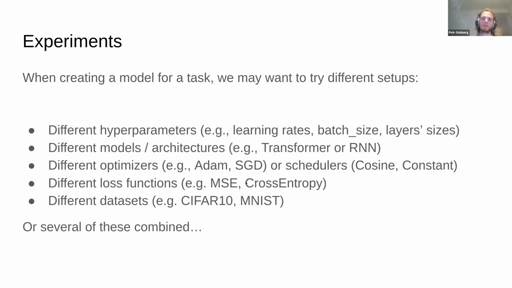Maybe we should try both of them. Maybe we should use one of them, which one, or different datasets, or all of this combined. So actually, we want to try a lot of stuff.